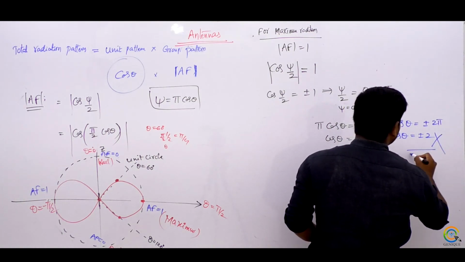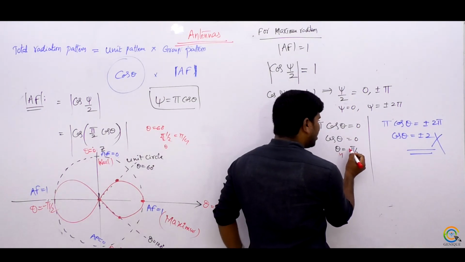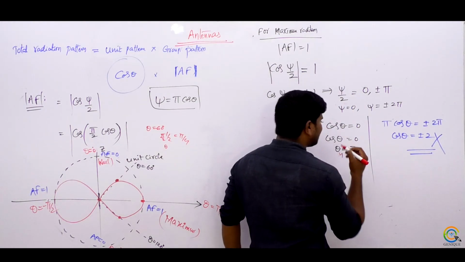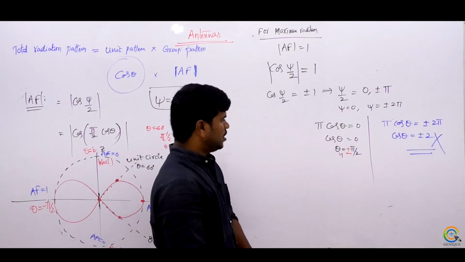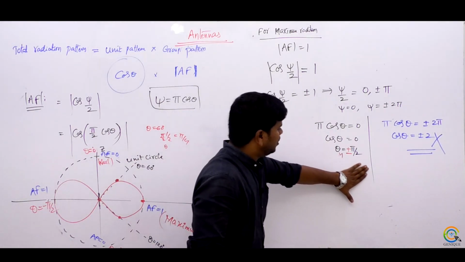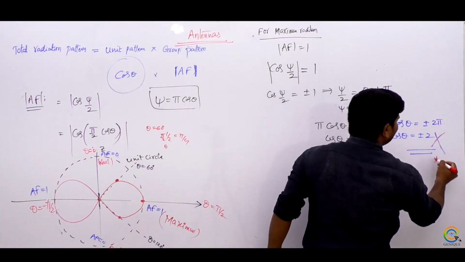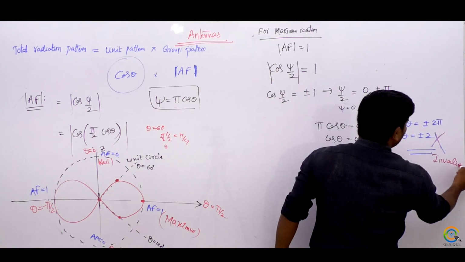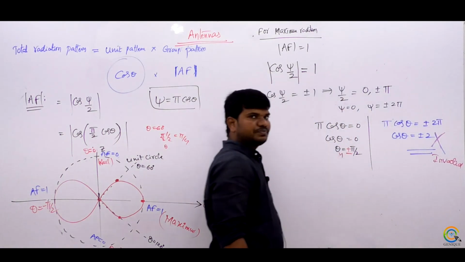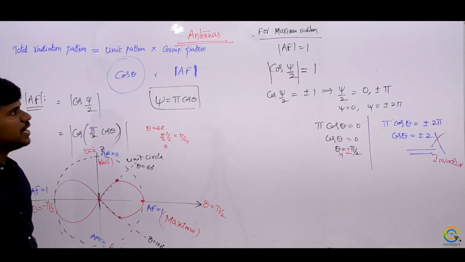It is an invalid case. Theta may be plus pi by 2 or minus pi by 2, so the maximum points will be plus or minus pi by 2. But here it is invalid, there is no such theta for cos theta equal to plus or minus 2. So I can remove this.